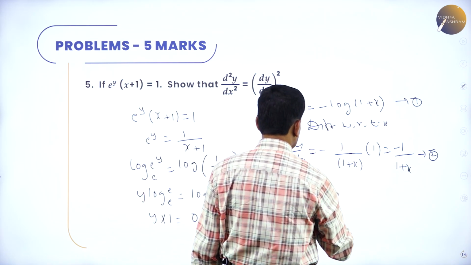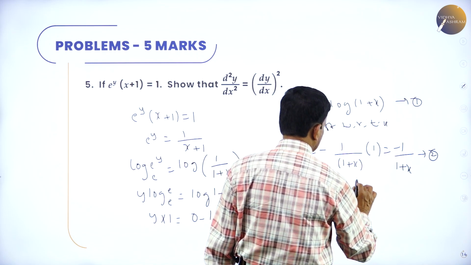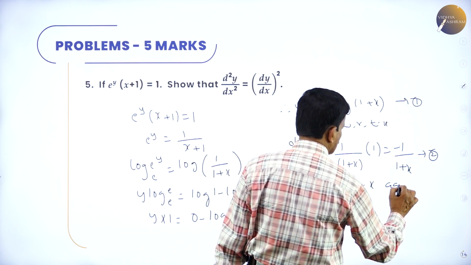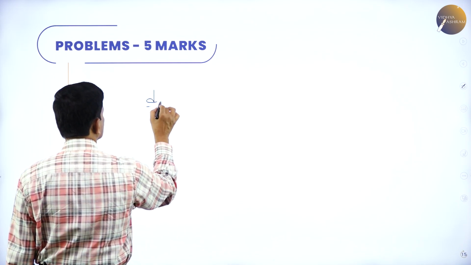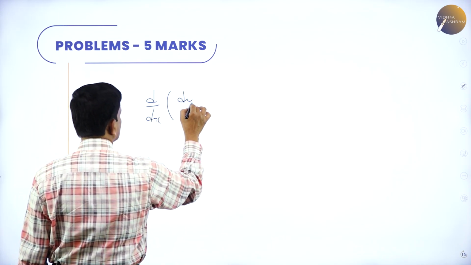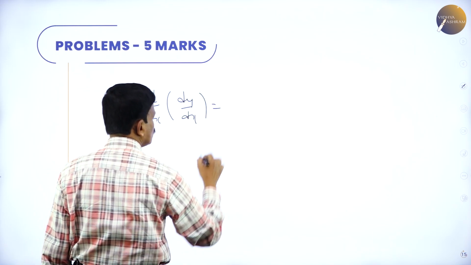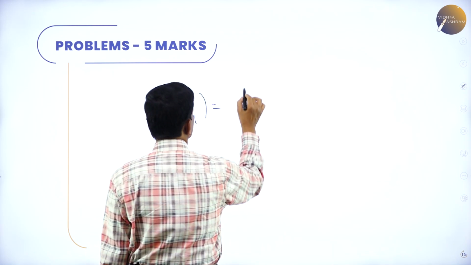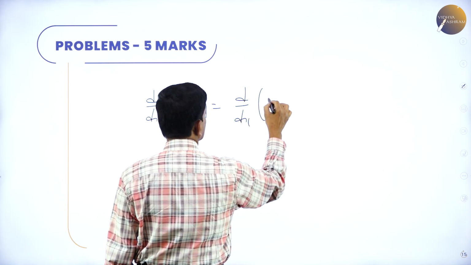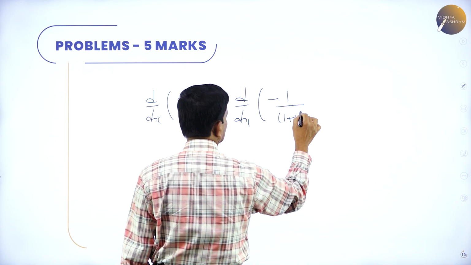If you differentiate this again, differentiating with respect to x again on both sides, what we will get? d/dx of dy/dx is equal to d/dx of minus 1 by 1 plus x.